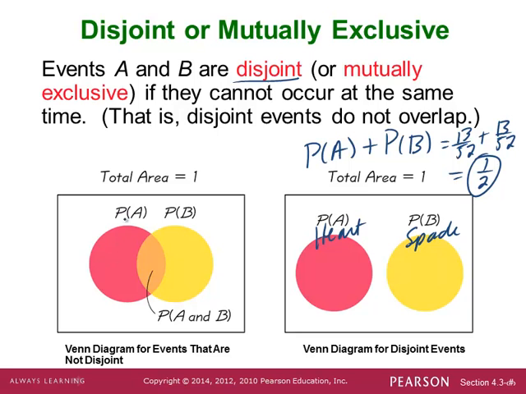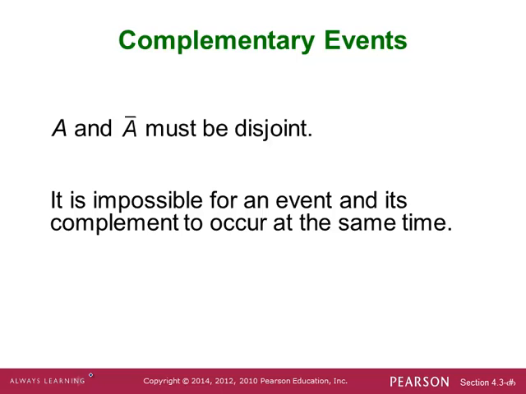Versus over here, when we were looking at the probability of drawing a heart or a face card, there was an intersection, so we did have to do some adjustment so that we're only counting each card once. Just as a reminder, when you have an event and the complement of an event, those are two sets that are disjoint.